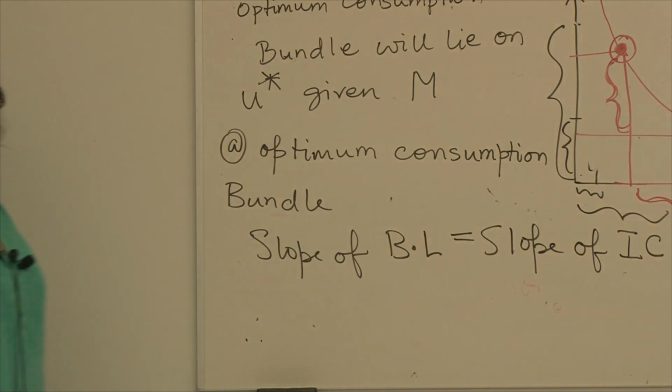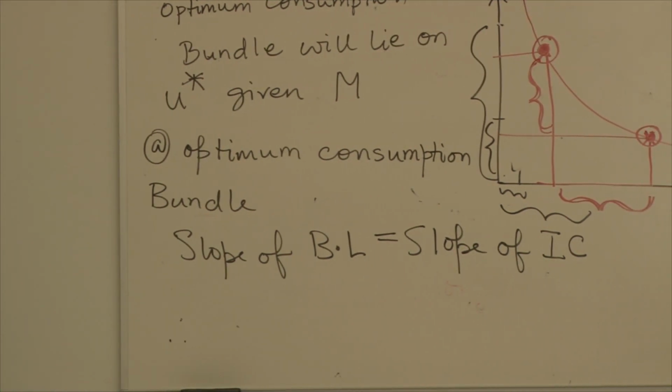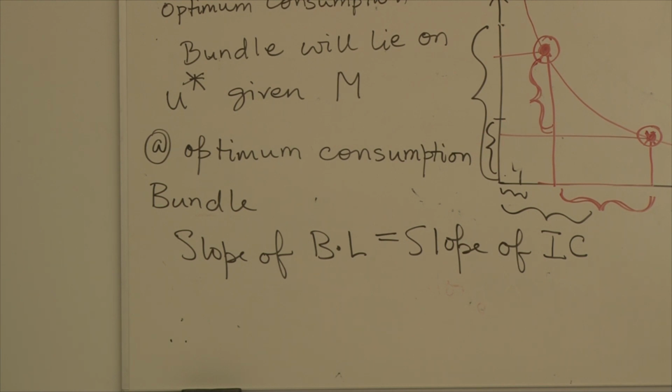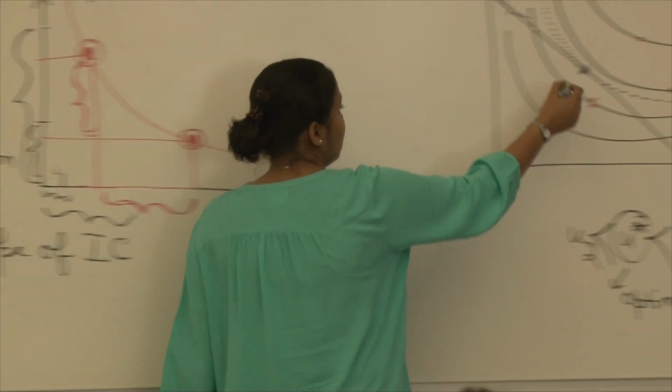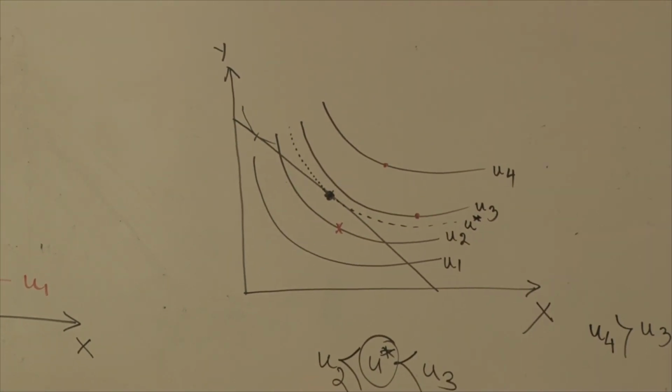Can I say that? Because those are the two surfaces, one is the straight line, the budget line, and the other one is the curve, the indifference curve. So, at that optimal consumption bundle, the tangency point, the two surfaces have the same slope.